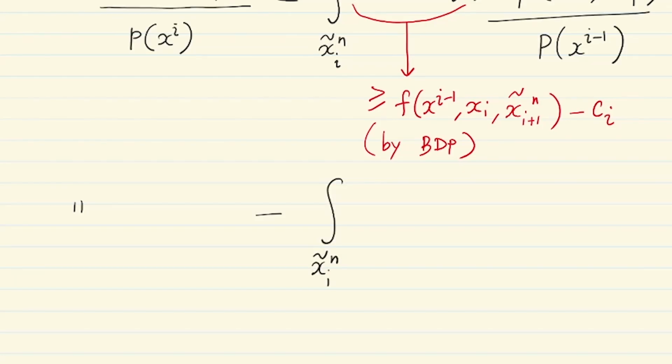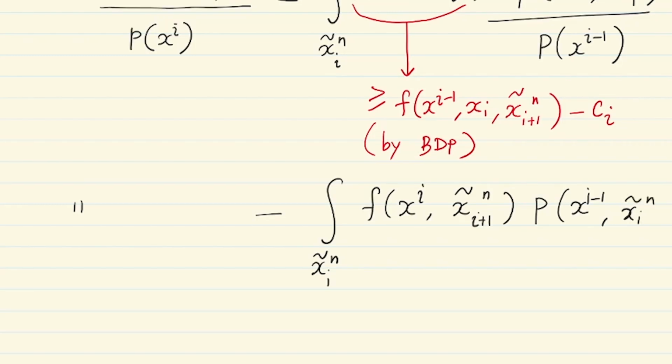So I can replace this term with f of x, so the x_i gets absorbed in the x superscript i minus 1 and becomes x superscript i, x tilde i plus 1 up to n, followed by the usual x tilde i minus 1, x tilde n divided by p of x superscript i minus 1.